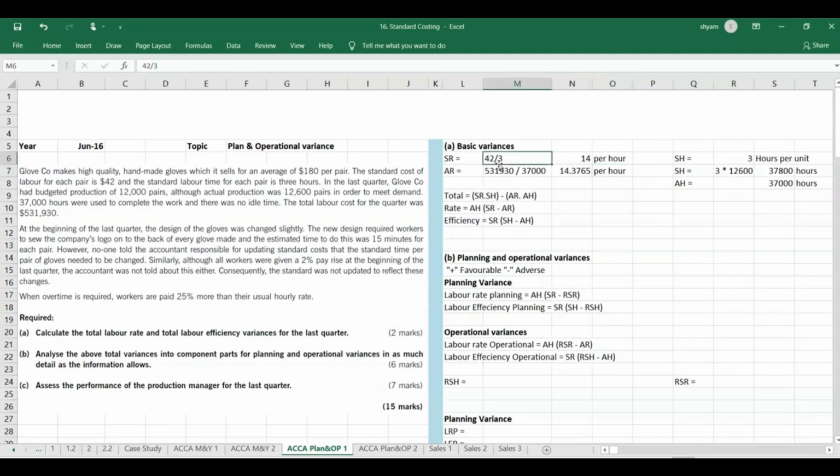Right, so we got all the numbers here, so we can find out the variances quite easily. They want labor rate variance and efficiency variance, so we can get it here. AH, 37,000 hours, into SR minus AR.